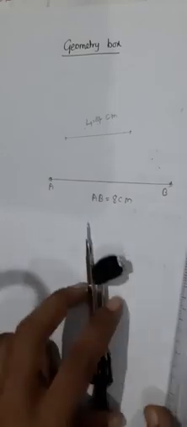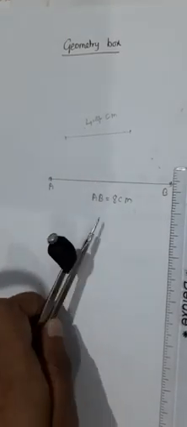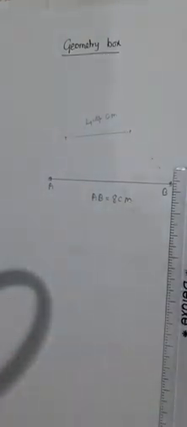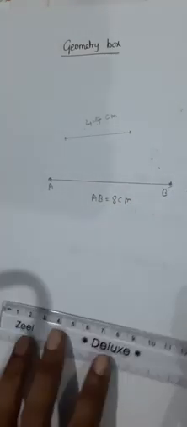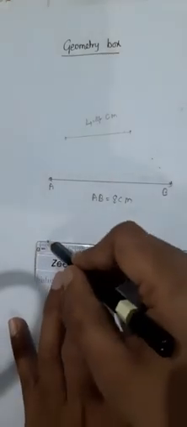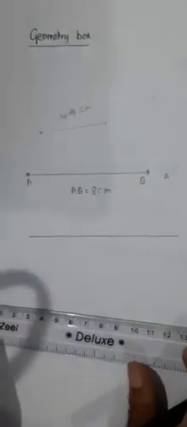But how are you going to draw a line? Construction of a line segment using a scale and compass. If I ask you to draw a straight line measuring 4.1 centimeters, how are you going to draw? First step, draw a big line.